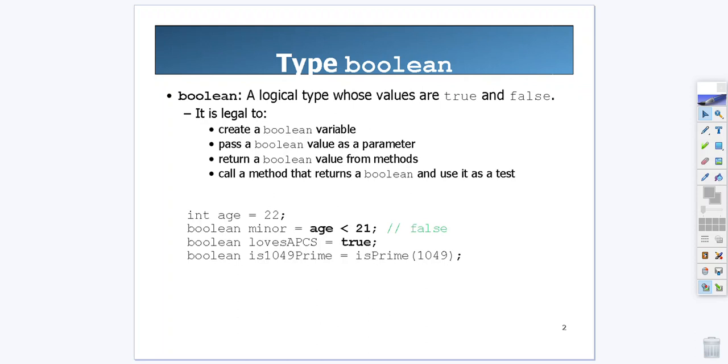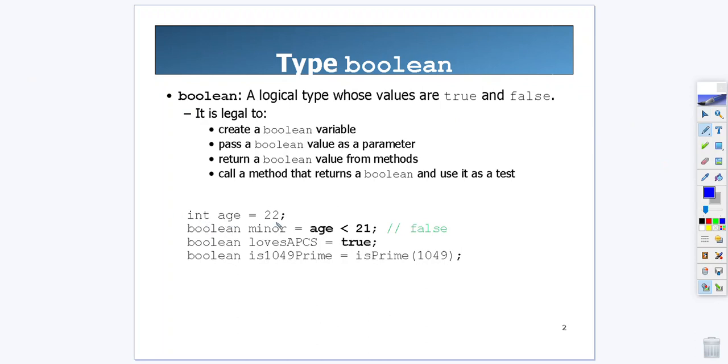When you write a method, you can return a Boolean value. And then you can call a method that returns a Boolean and use that as part of a test of a condition. And so these statements are either true or false. There is no in between.